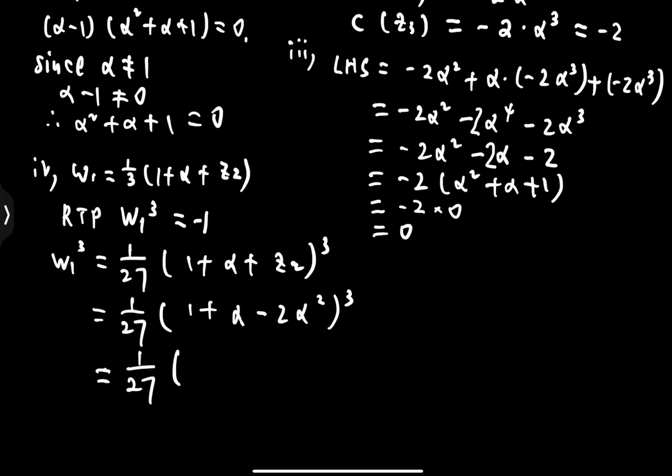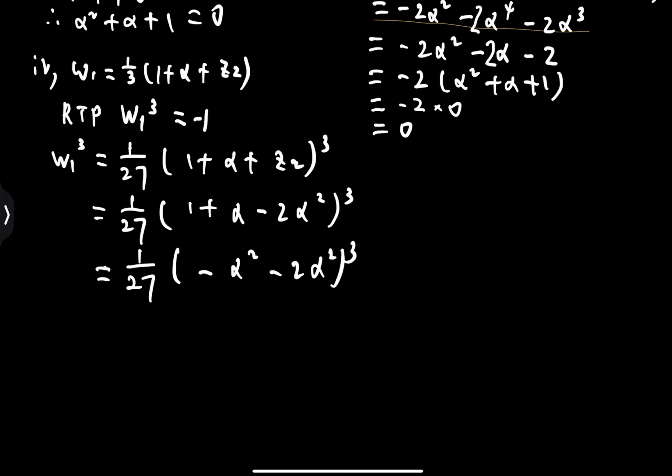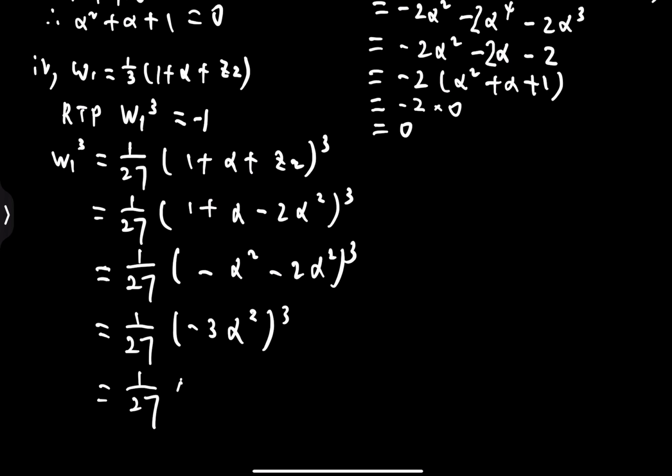So I continue using that. It equals negative alpha squared, negative 2 alpha squared, to the power of 3. And continuing, equals 1 over 27, negative 3 alpha squared to the power of 3, which equals 1 over 27 times negative 27 alpha to the 6.